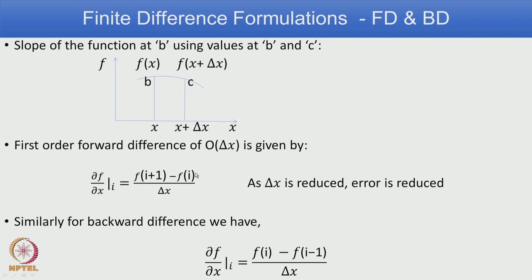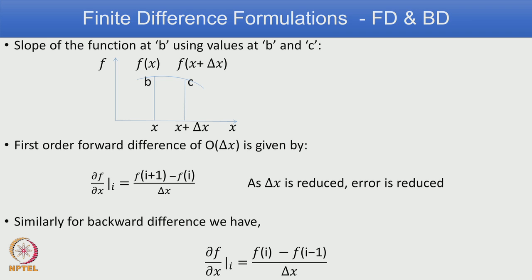And we also wrote down the final formula for the same first derivative using the backward differentiation scheme, shown here as dou f by dou x at I equal to f of I minus f of I minus 1 by delta x. We also noticed that this is of order delta x, which is the leading term that we have not considered.